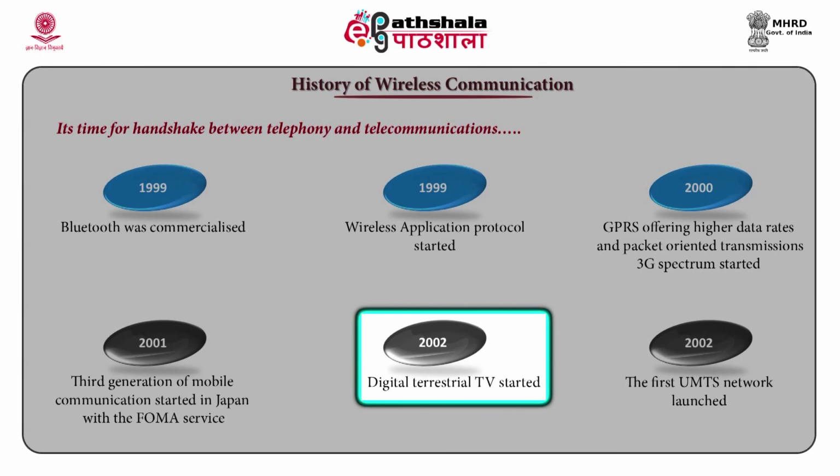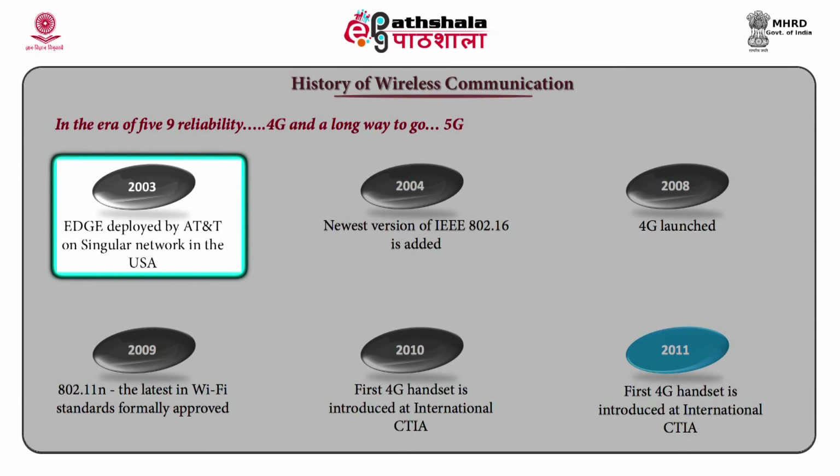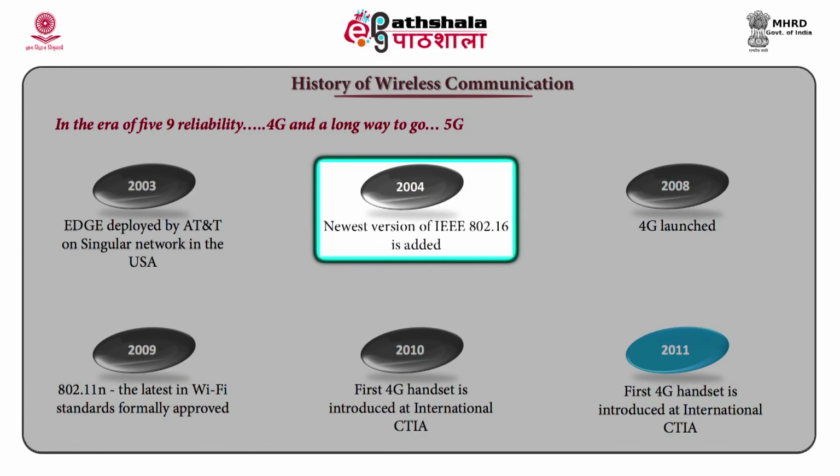In 2002, digital terrestrial TV started, and in 2003, EDGE was deployed. IEEE 802.11g was added to the 802.11 standard, allowing transmission speeds of 54 Mbps.